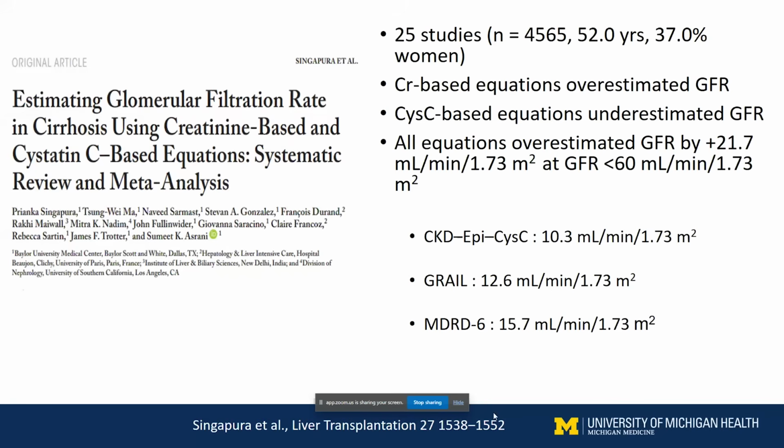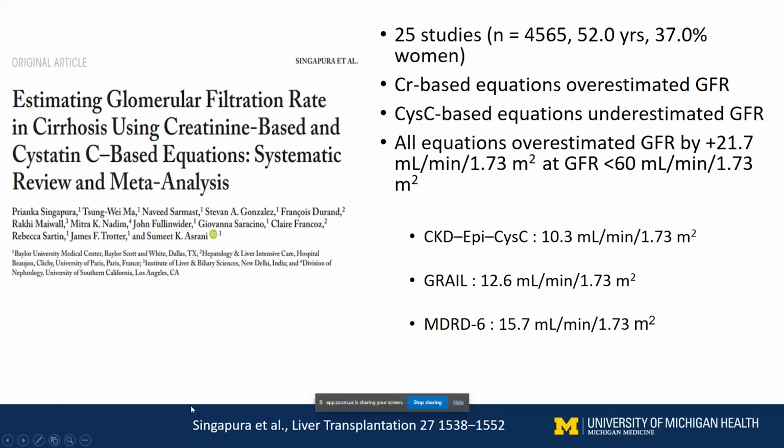What this meta-analysis found was that serum creatinine-based equations overestimate a measured GFR, and cystatin C-based equations underestimated GFR. However, all equations overestimated GFR when the measured GFR is less than 60 ml per minute.